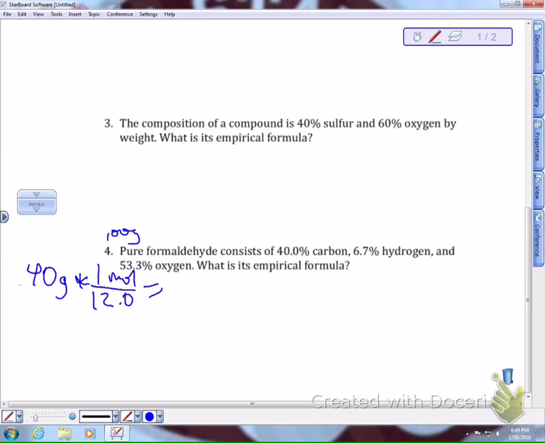40 divided by 12, so 3.33 moles. Alright, and 6.7 grams of hydrogen. Hydrogen's 1 mole over 1 gram, and so that's just 6.7.